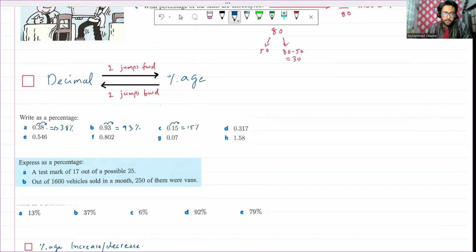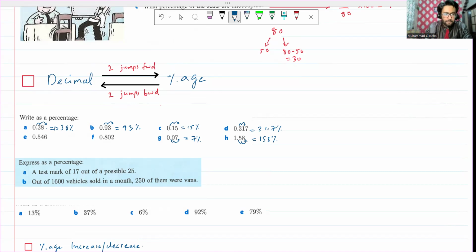That's going to be 15%. 2 jumps forward. So I'm going to get 31.7%. I'm giving the decimal point 2 jumps forward. I'll let you do this by yourself. Let's do this one. 2 jumps forward would be 7%. Okay, if you give it 2 jumps forward, that'll be 158%.